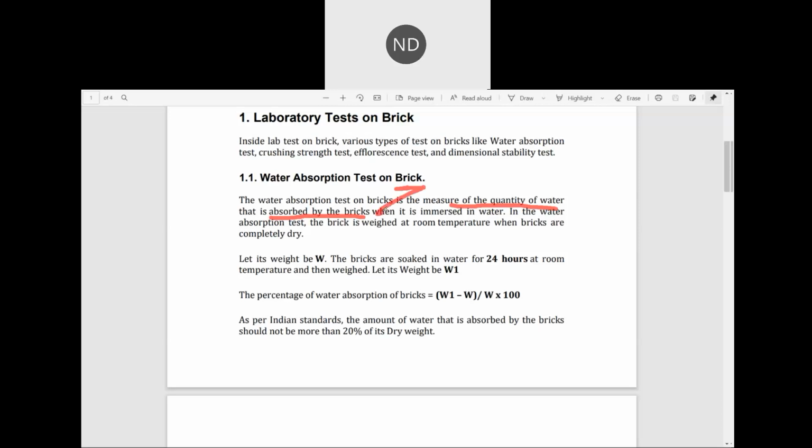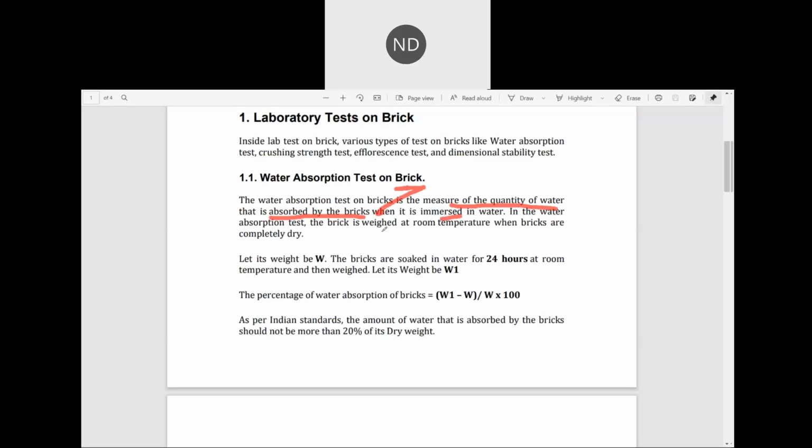We have to check how much it is absorbing. For the bricks you are considering for your construction, you will buy some bricks, and based on this you are going to check the quality of that brick. Water absorption is the first one. When we immerse your brick in water, it is going to absorb water.